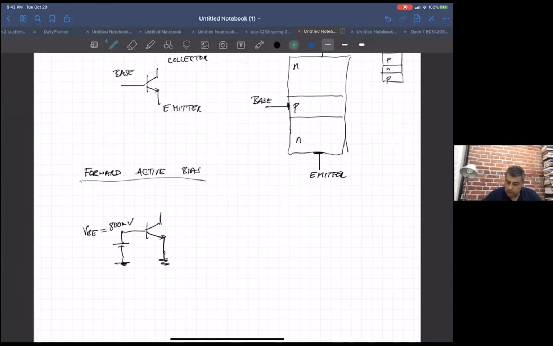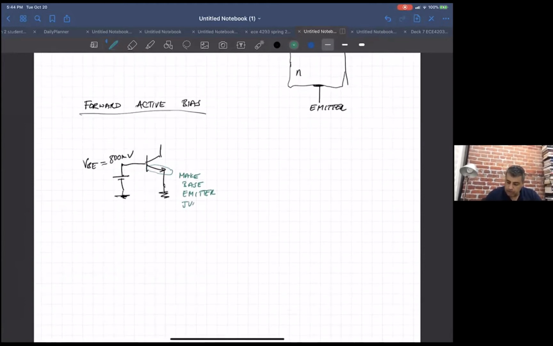But basically what we want to do is make the base emitter junction forward bias.